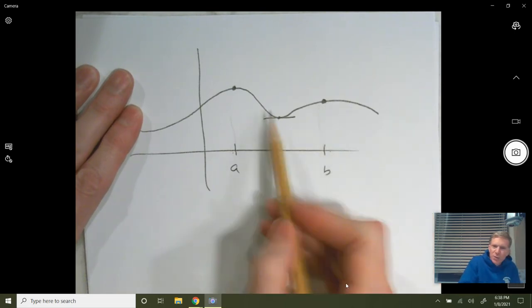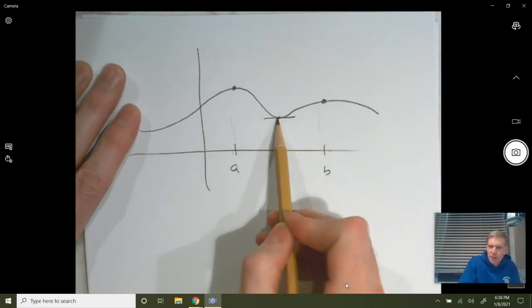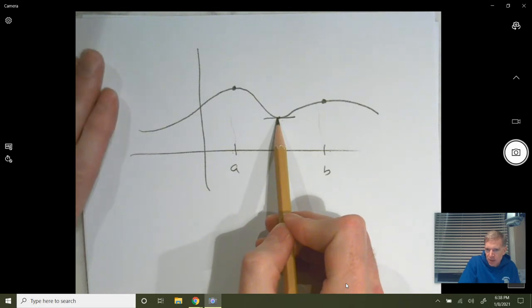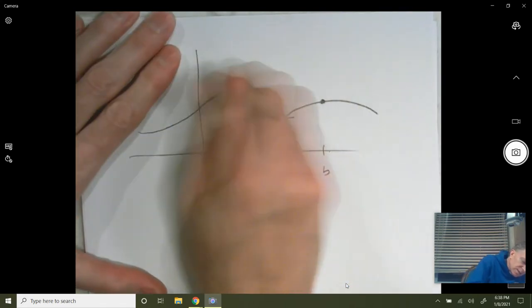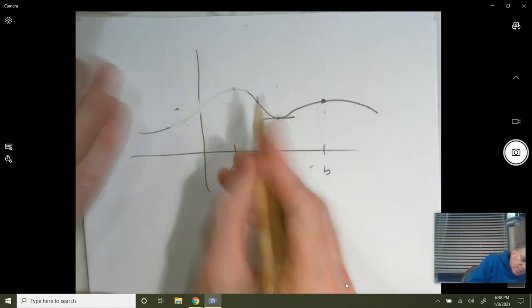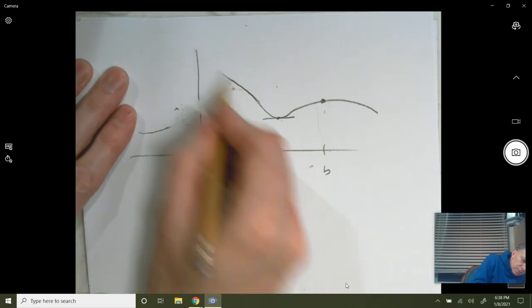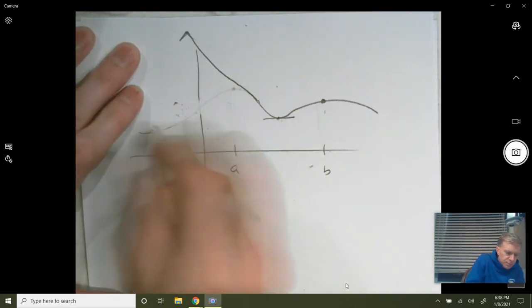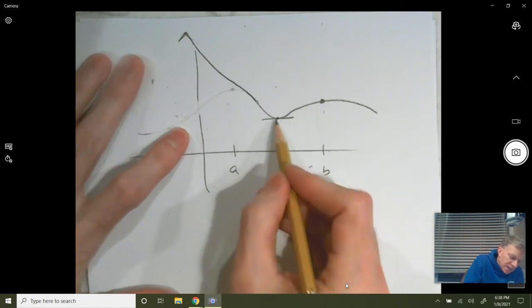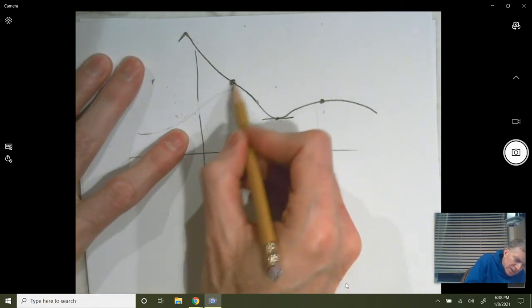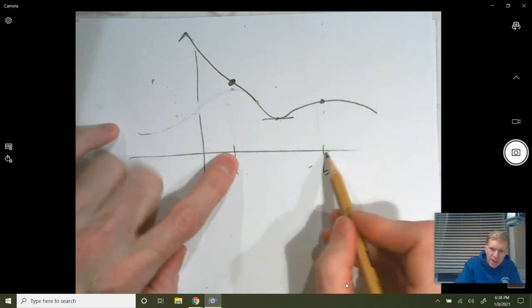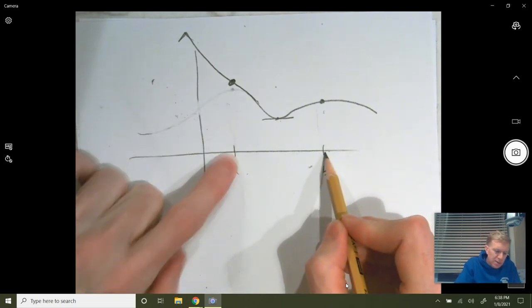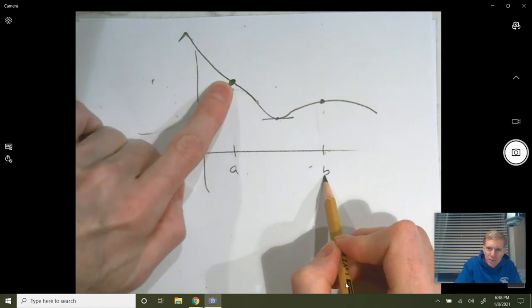Okay, and once you analyze this, this would be a relative minimum. It also ends up being your absolute minimum. This one, well, even if that didn't stop, maybe that keeps going up. But at the end of your interval, this ends up being, it's not a max or min of your function, but if you're finding the absolute extrema on this interval, that would end up being your absolute max.